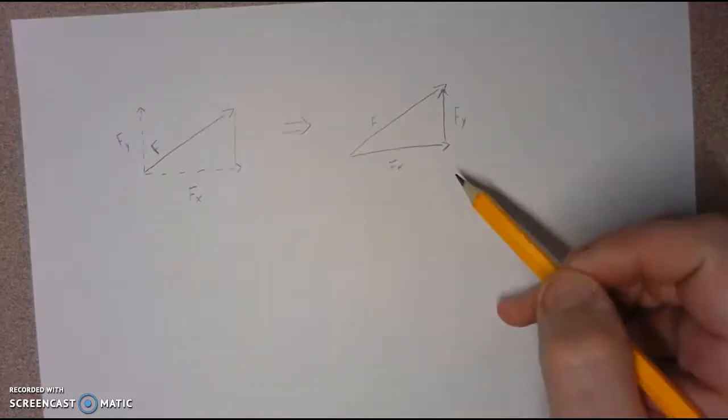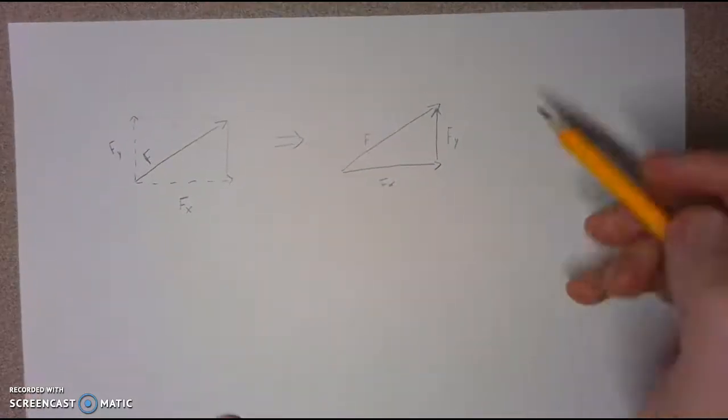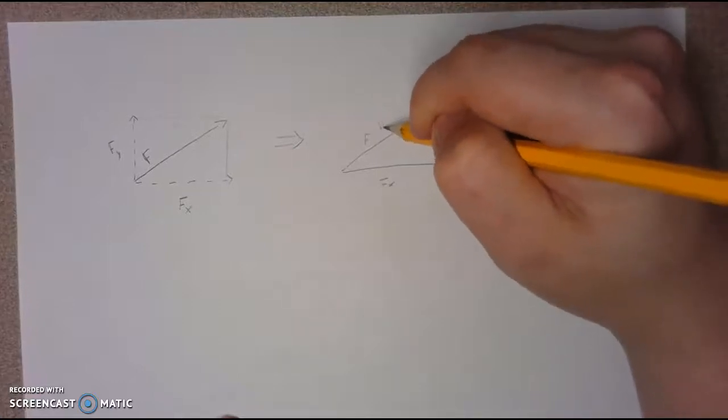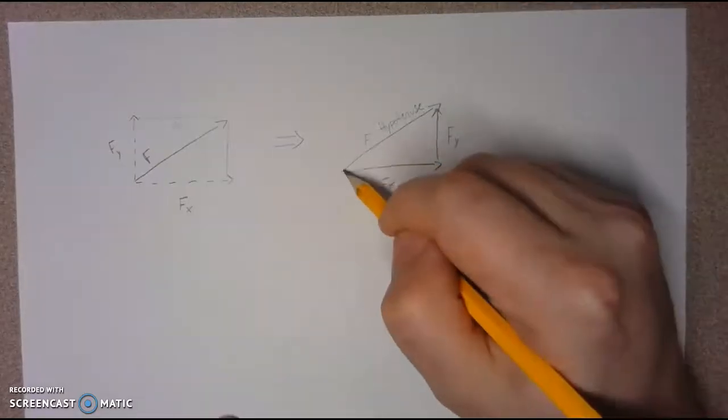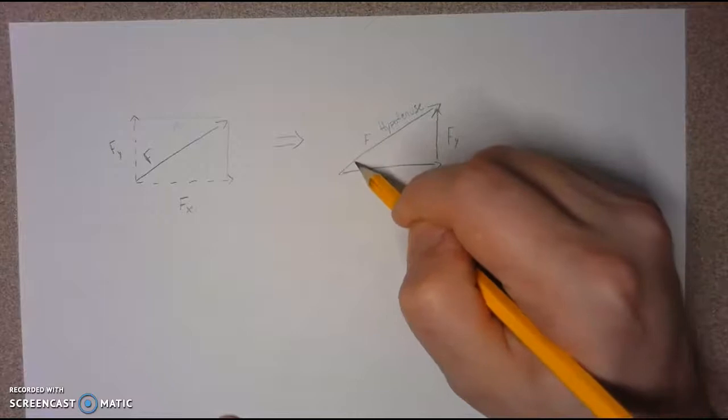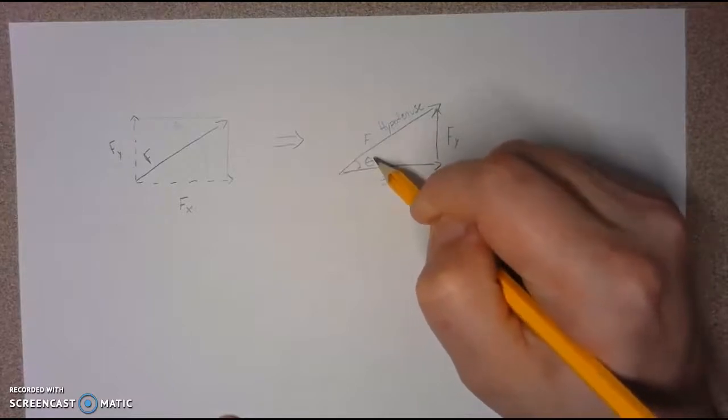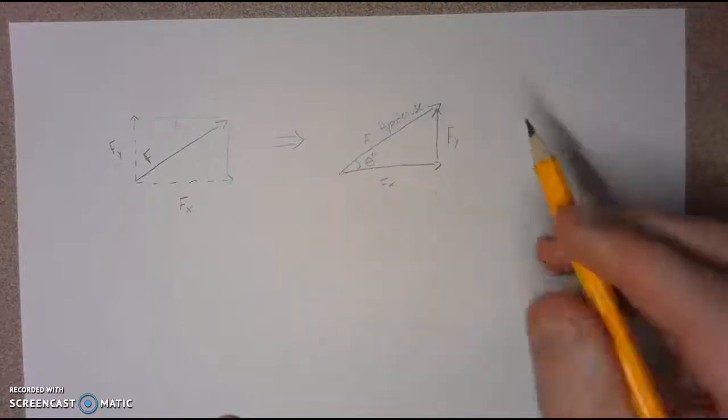Now that we've got a triangle set up, we can call F our hypotenuse. Okay, we are interested in this angle here. We'll call that angle theta. It's theta degrees.